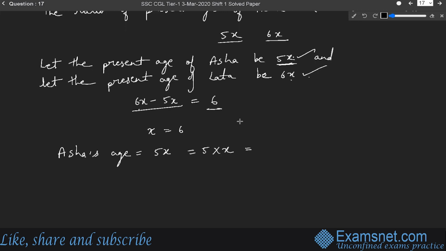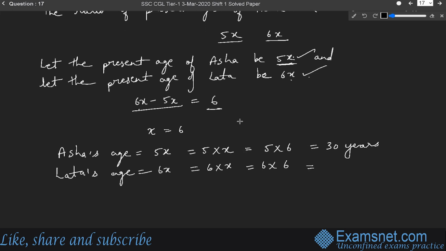Now substituting the value of x here, it will be 5 into 6. So it will be 30 years. Similarly, we have supposed Lata's age is 6x. So it will be 6 into x. Again, putting the value of x here, it will be 6 into 6. So this will be equal to 36 years.